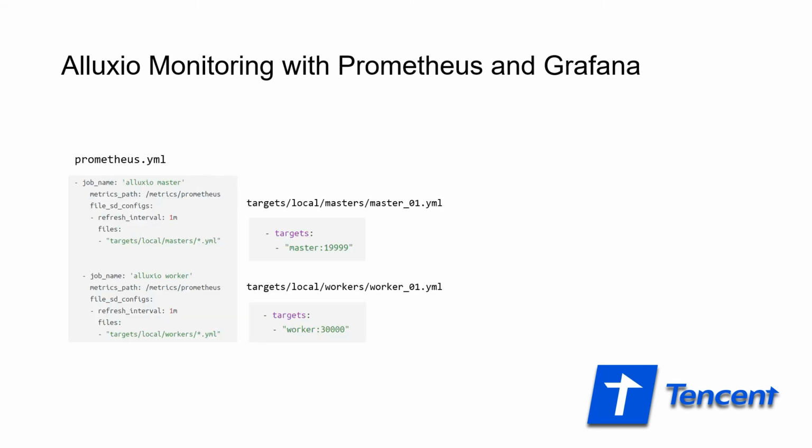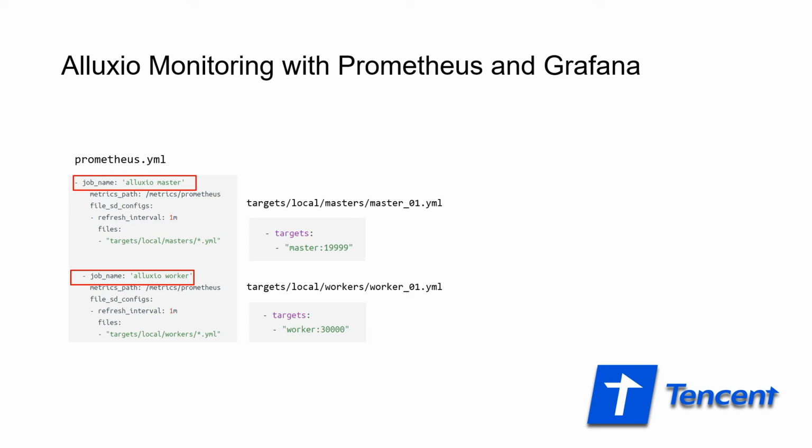Then I'll show you a demo video about how to import the dashboard template. Before that, we need to add the Alluxio jobs to Prometheus. This part can be found in the Alluxio documents, in the metrics section. Now we add 2 jobs in the Prometheus configuration file.